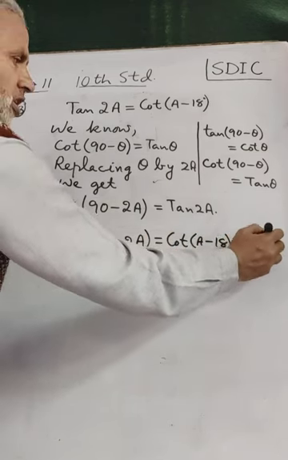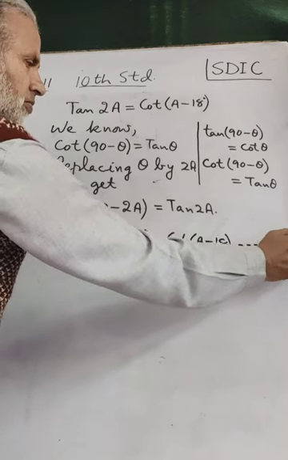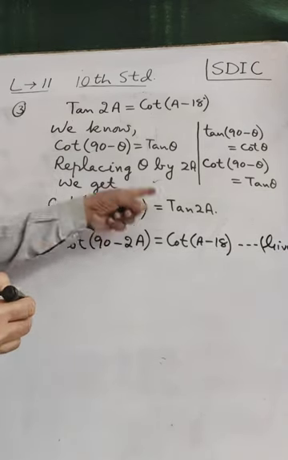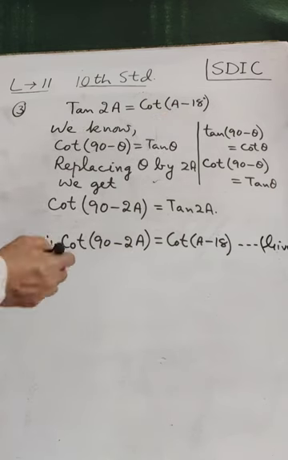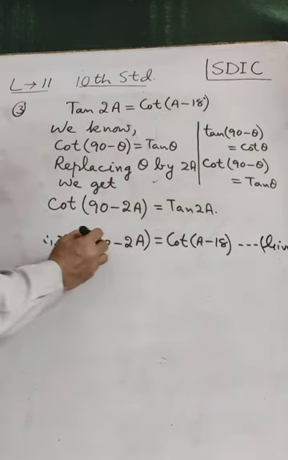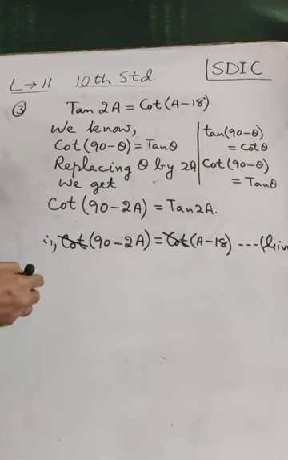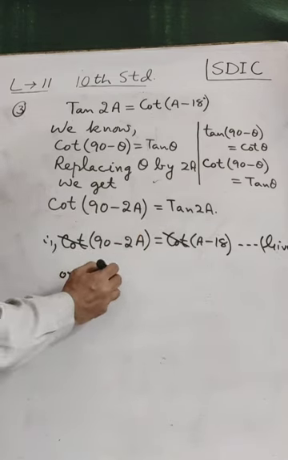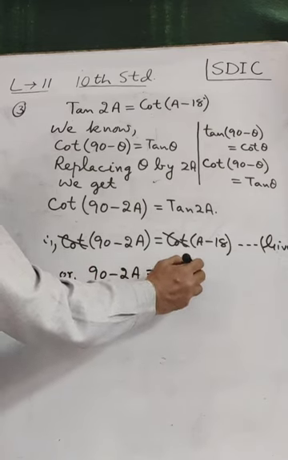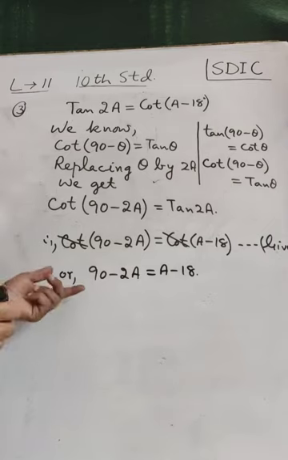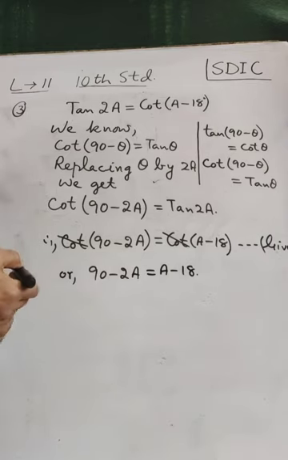We use the given result here, tan 2a replaced by cot a minus 18. Now the cot trigonometric ratio being on both sides will get cancelled. We will have 90 minus 2a equal to a minus 18. This is a linear equation in one variable. Solve it for a by transposing.